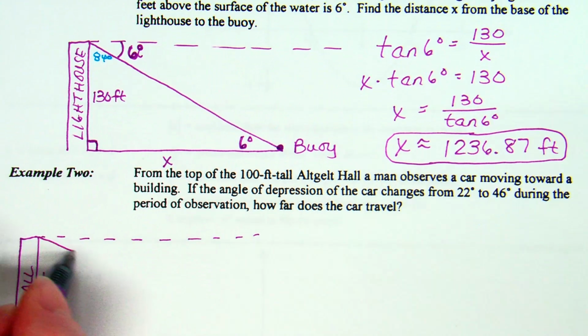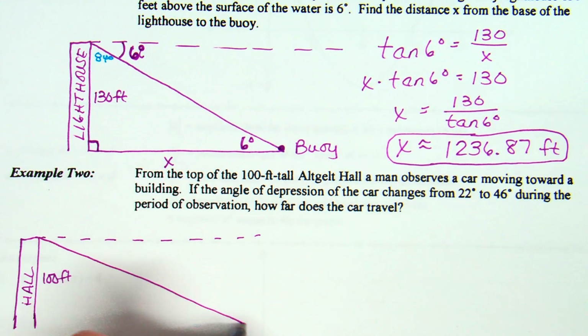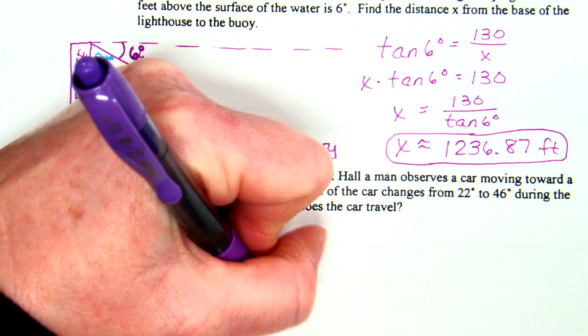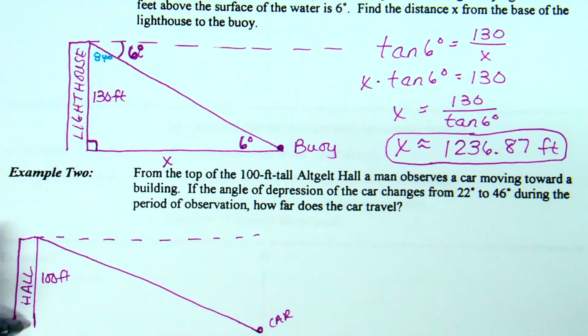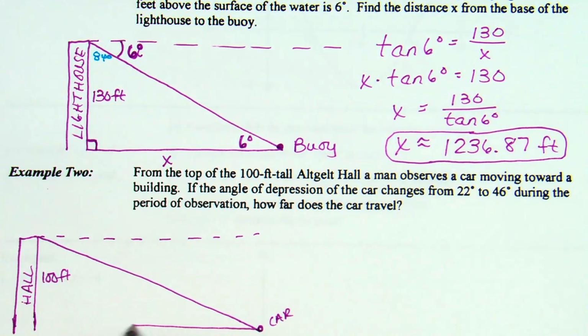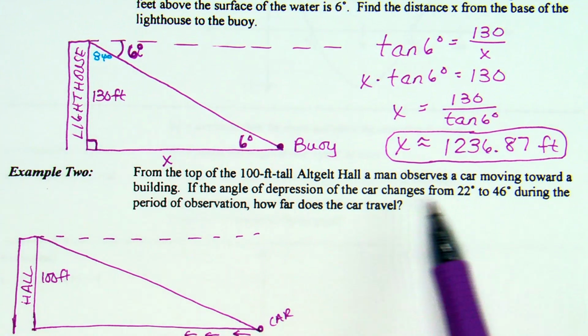But what's that car doing? Yeah, it's driving towards the building. So this car is going this way, going this way, going this way, and then what happens later? First he observes the car at 22 degrees, then he observes the car at an angle of depression of 46 degrees. So he observes this car at two different places.